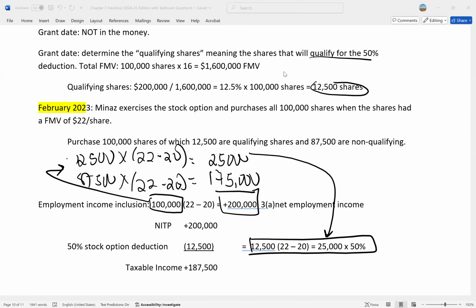Then he could also do the same calculations using the 200,000 over the fair market value of the option that other employer gave him as well. So you can do this calculation for each different employer you have that gives you a stock option.